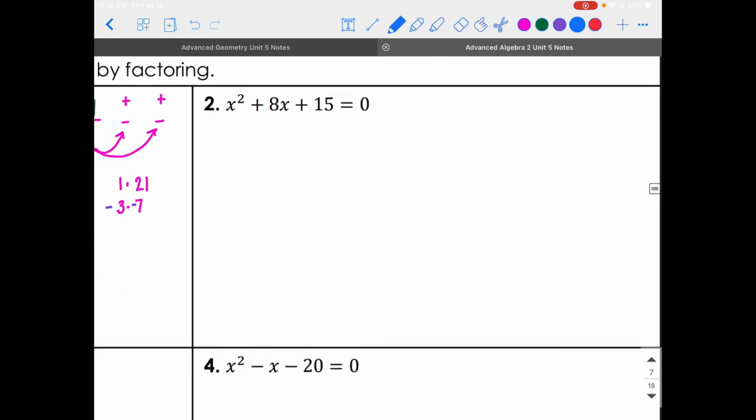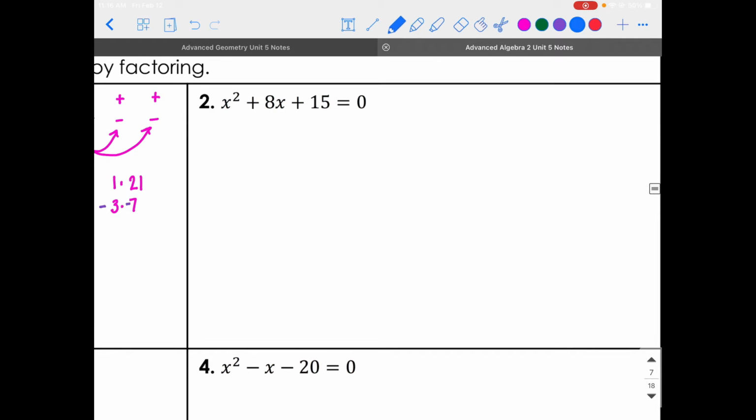All right. Number 2, we're looking for two numbers that multiply to be 15, but when I add them, I get 8. Those numbers are 5 and 3.